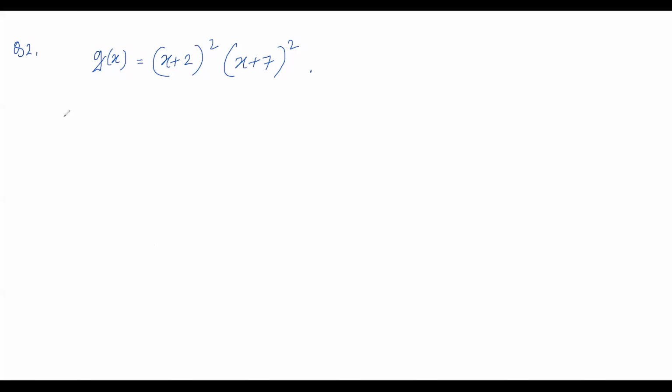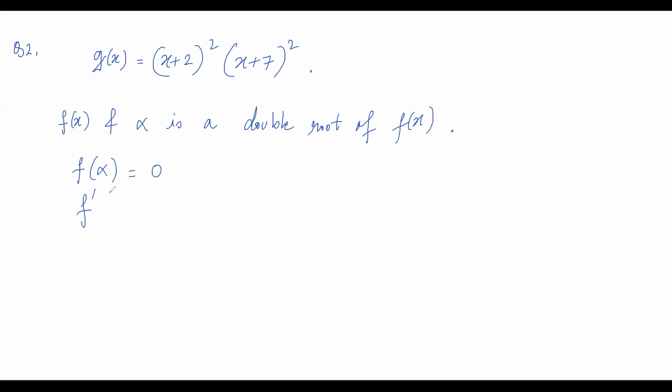That is, if f of x is a polynomial and alpha is a double root of f of x, then the condition is that f of alpha should be equal to 0 and f dash of alpha should be equal to 0, but f double dash of alpha cannot be equal to 0, because if f double dash of alpha is equal to 0, then the multiplicity of the root alpha is at least 3.